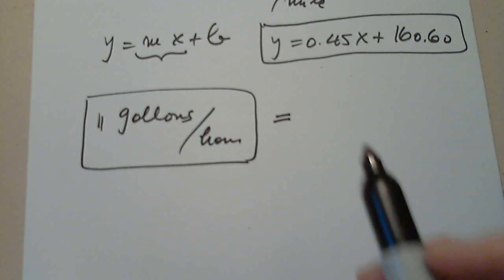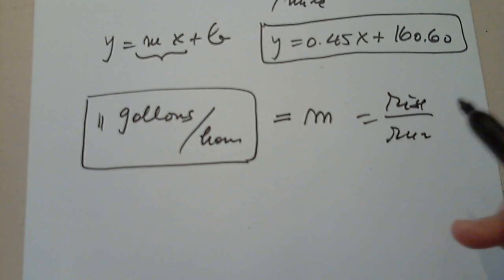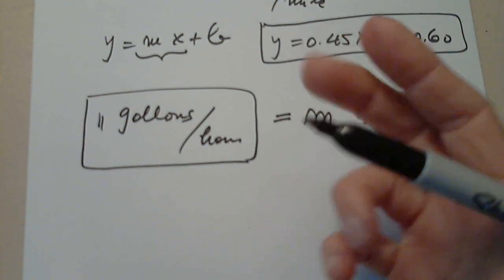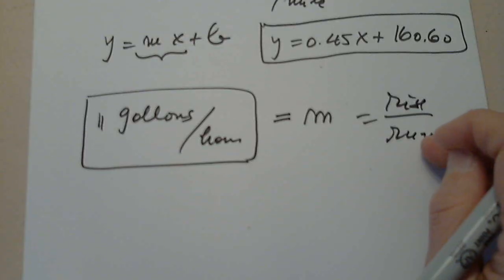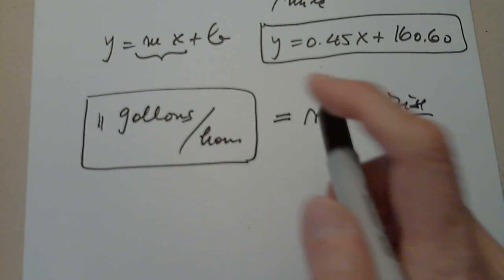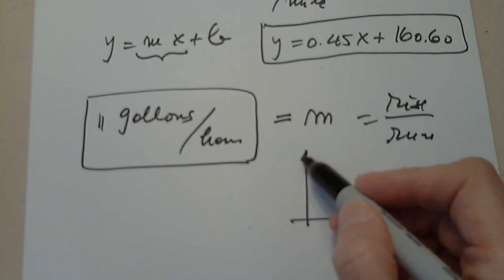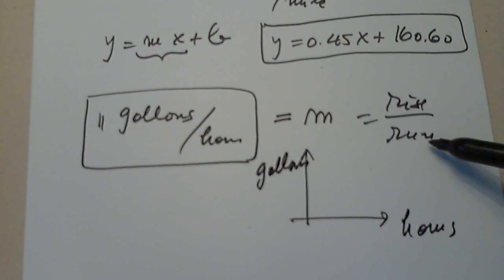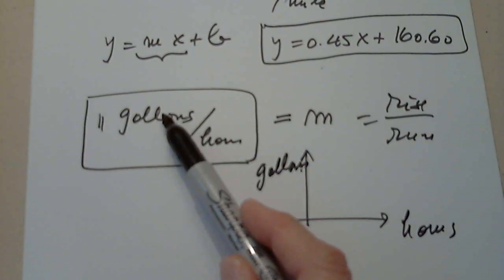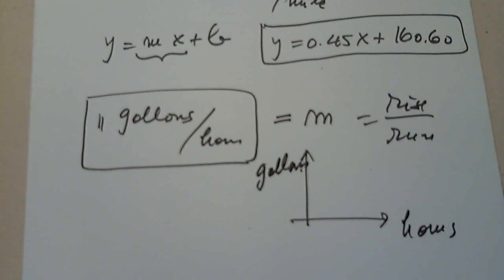It is the slope because it's rise over run. That's why it has 2 measurement units, one coming from the y variable and one coming from the x variable. In other words, here is hours, and here is gallons. That's why the slope has 2 measurement units, one coming from the numerator and the other coming from the denominator. Good, let's read on.